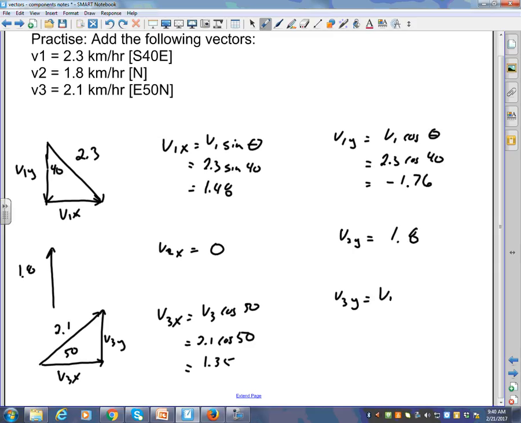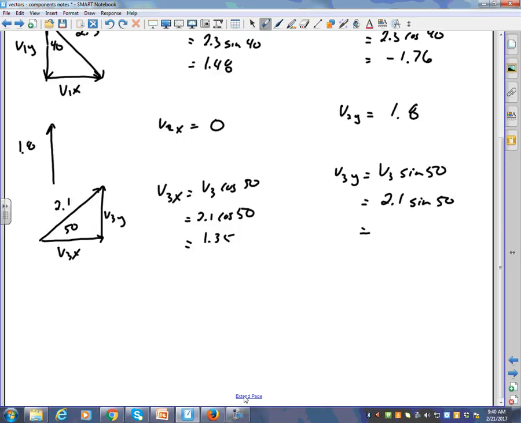V3y is V3 sine 50, 2.1 sine 50, which is 1.61, and that is up, so positive.